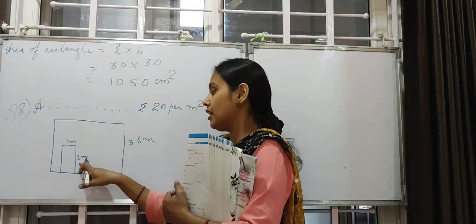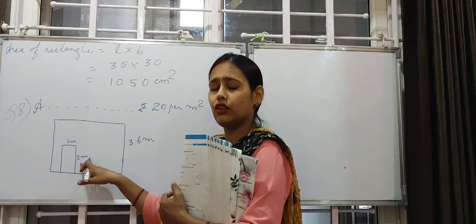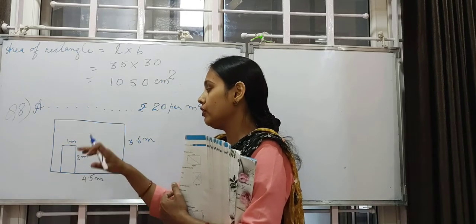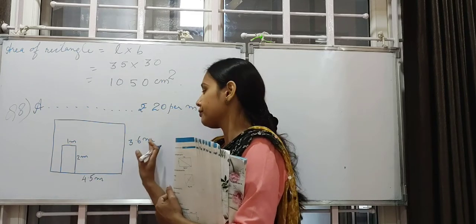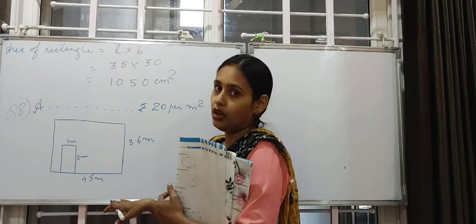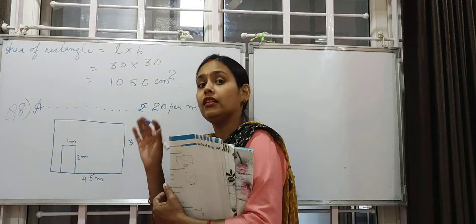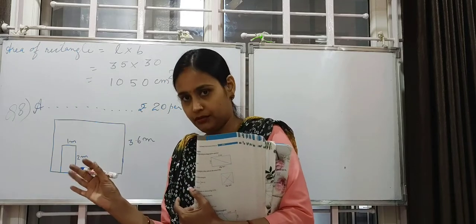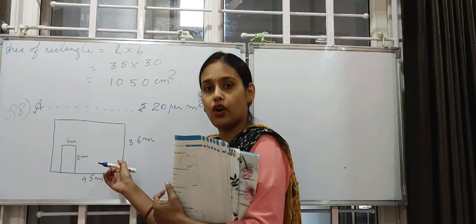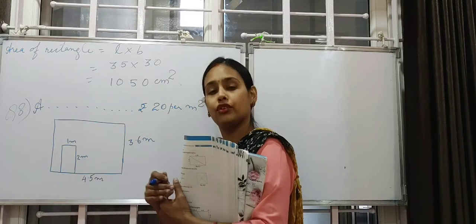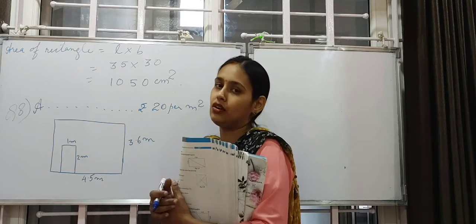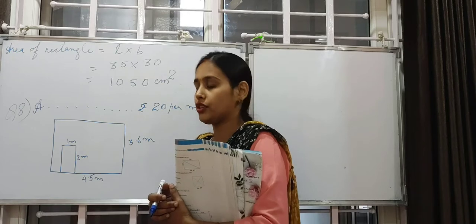Length of the door, breadth of the door, area of the door we will find out. Then length of the wall, breadth of the wall, we will find the area of the wall. Then the area which will be whitewashed, that means area of wall minus area of door. And then cost of whitewashing.